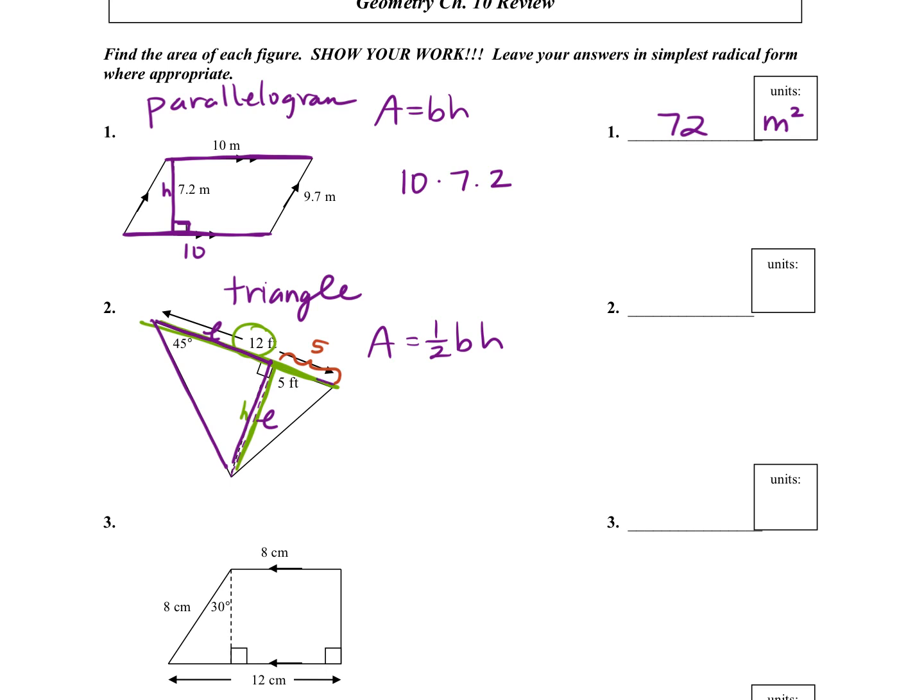So if this piece is 5 and the whole thing is 12, you'll go 12 minus 5 to get 7 here, which means you also have 7 for your height, okay? Because the 2 sides of that triangle have to be the same. So we would do 1/2, a base of 12, and a height of 7. So 1/2 times 12 times 7. You can just let your calculator.